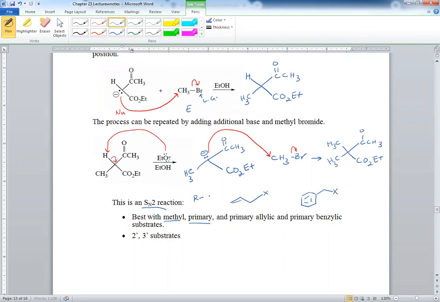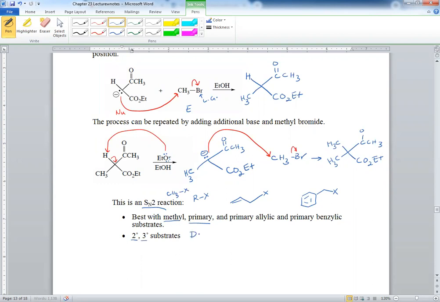Primary, methyl, etc. All of those work well, but it doesn't work well for secondary and tertiary substrates.